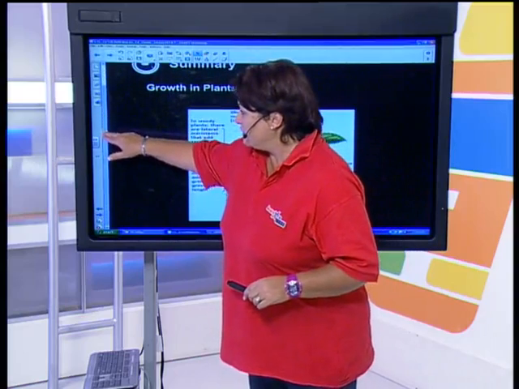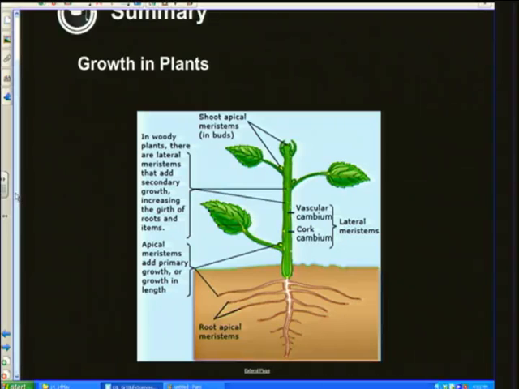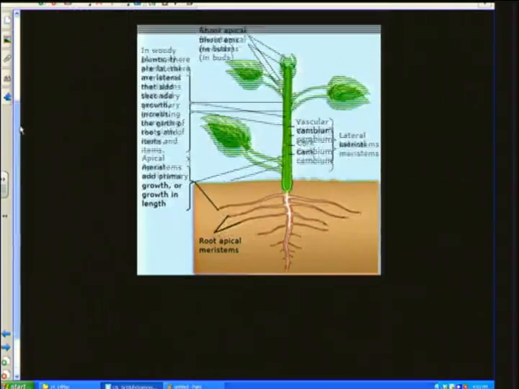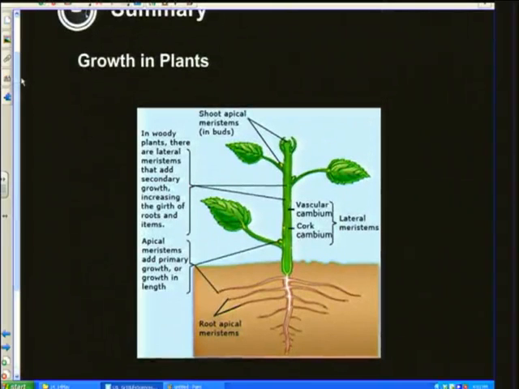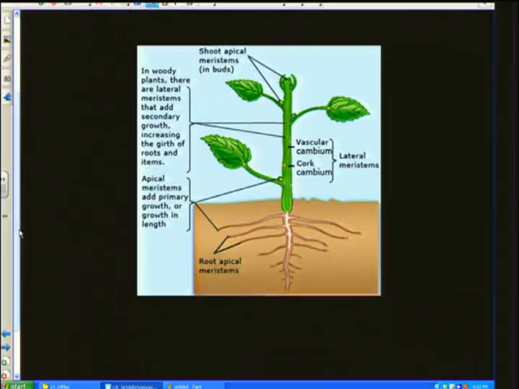If we have a look at our plants, we're going to find that plants are obviously going to grow. So, where do plants grow? If we have a look at the diagram, remember in the beginning, when we did plant tissues, we looked at this tissue called meristematic tissue.